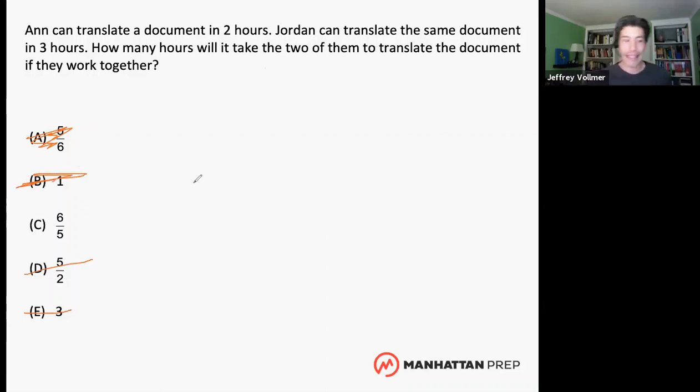And so you could basically get down to answer C just with some common sense. Question came in, could we eliminate a handful of these answers, maybe based on the way the answer choices relate to each other?